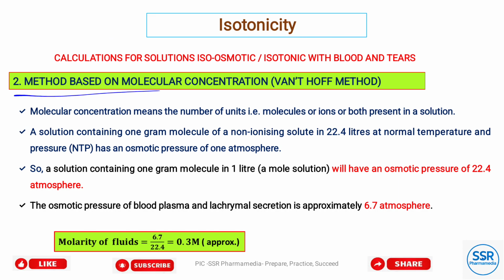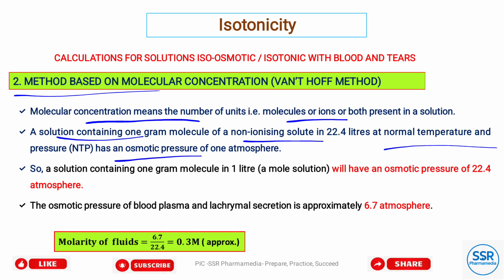So the second method is the method based on molecular concentration, the 1/2 method. In this method, molecular concentration means the number of units, that is molecules or ions or both, present in a solution. A solution containing 1 gram molecule of a non-ionizing solute in 22.4 liters at normal temperature and pressure has an osmotic pressure of 1 atmosphere.